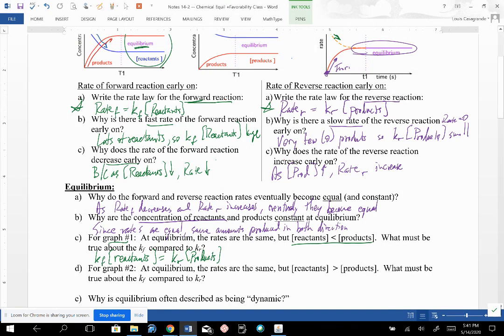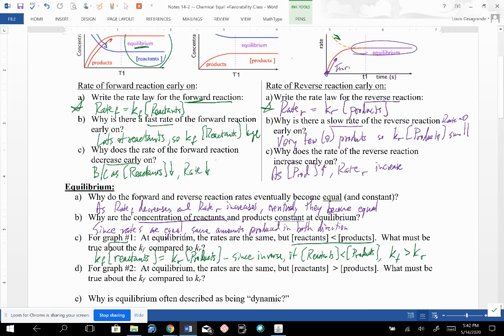Now that looks like a nice inverse relationship to me. So since the concentrations of the reactants is less than the concentrations of the products, then the forward rate constant, in order to make this up, K in the forward direction, has to be greater than the K in the reverse direction.